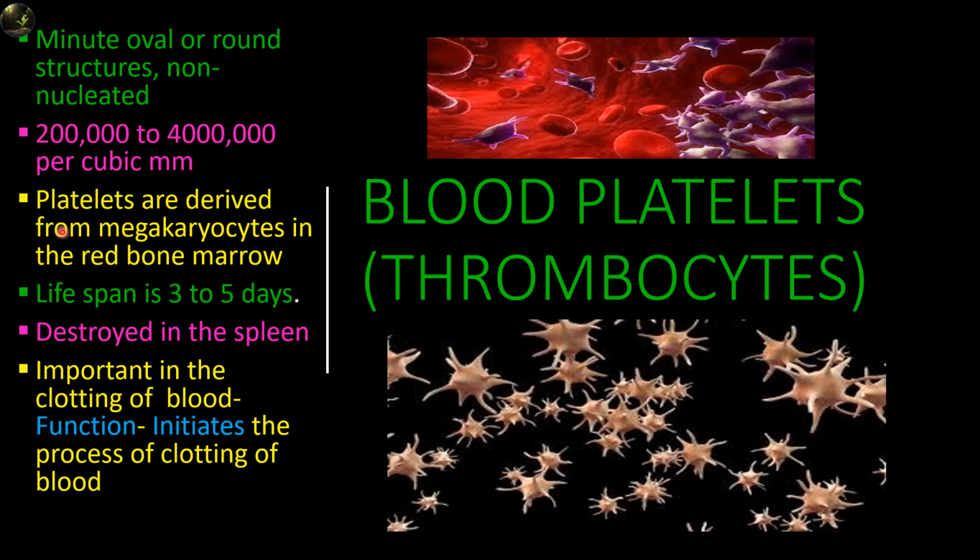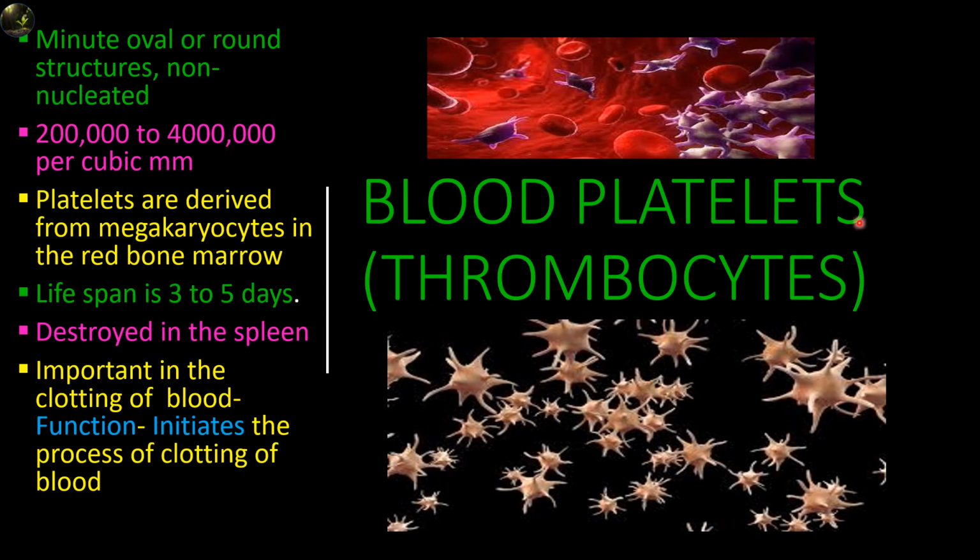Platelets are derived from megakaryocytes in the red bone marrow. The lifespan is 3 to 5 days. They are destroyed in the spleen. They are important in clotting of blood.